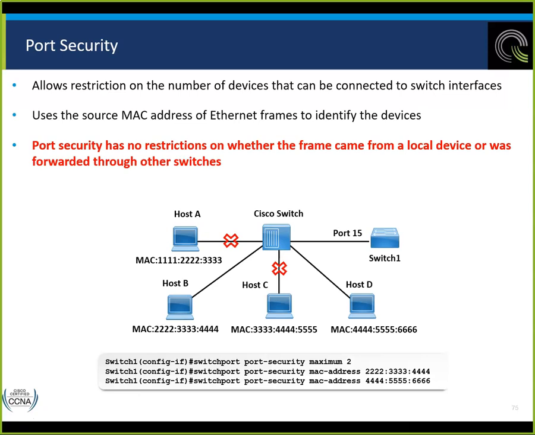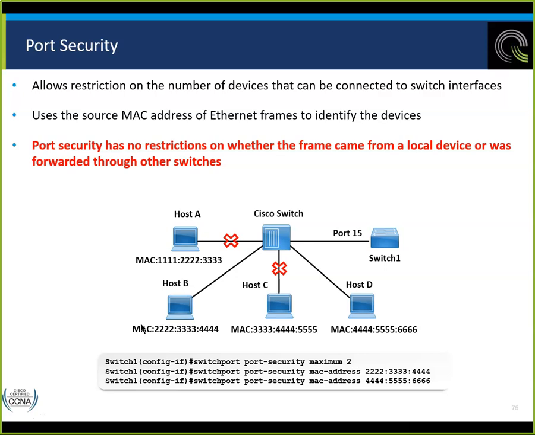Things that we did: it allows restriction of the number of devices that can be connected to the switch interfaces. How many? The number that we have. It uses the source MAC address of the Ethernet frames to identify the devices. With port security, there are no restrictions on whether the frame came from a local device or was forwarded from other switches. That's one of the things you have to pay attention to.